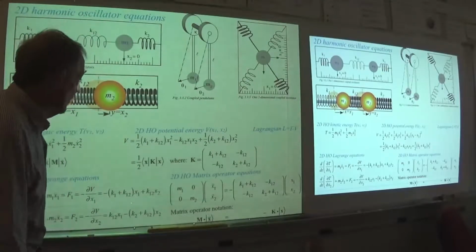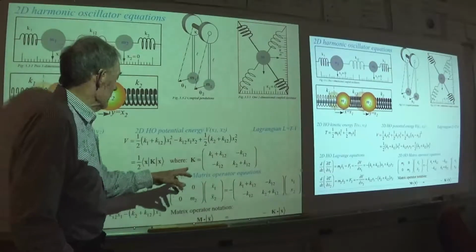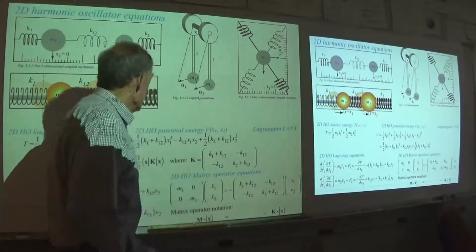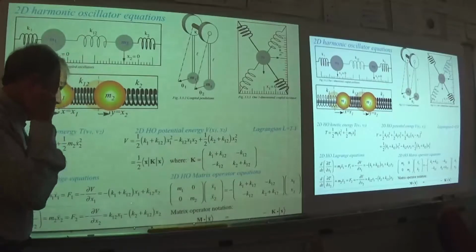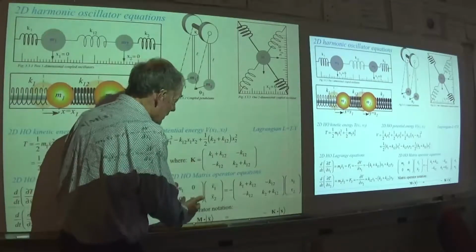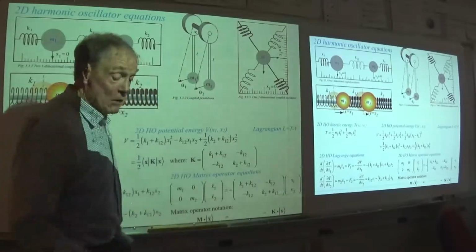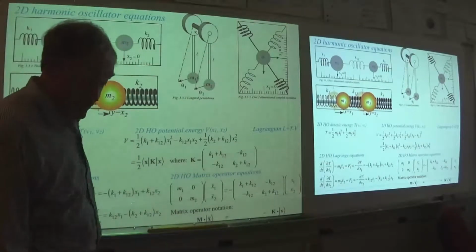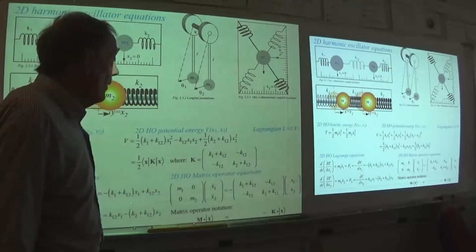Okay, so the K that we're talking about here is this thing right here. And generally, especially if the masses are different, this would not be a Hermitian matrix. That's why we're using techniques that can solve matrix equations.